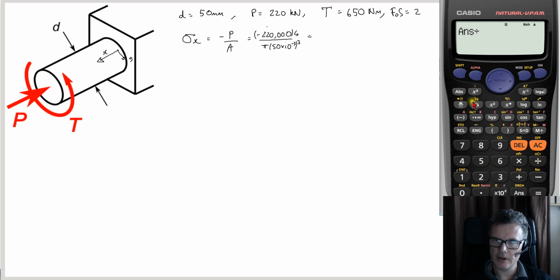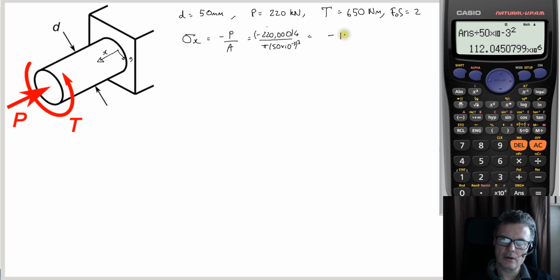Divide that by pi, divide that by 50 times 10 to the minus 3 to the power 2. So we get a decent amount of compressive stress there. So 1, 1, 2, I use 5 sig fig, megapascals. So that's the compressive stress.